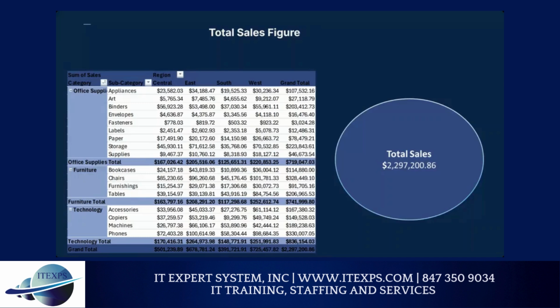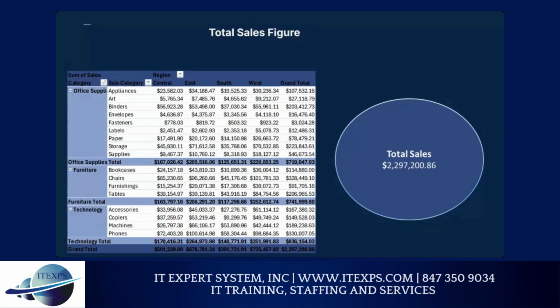Did you happen to look at not only the sales, but the profit that we made across the board? But just looking at what we have here, it looks like fasteners are very low across the board for any region. I would also look at chairs.